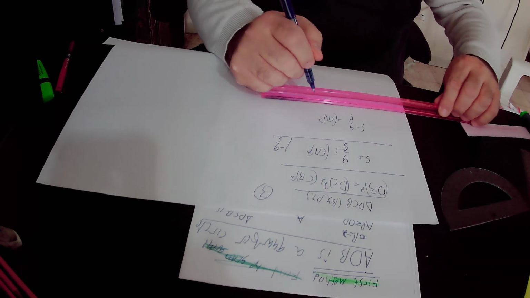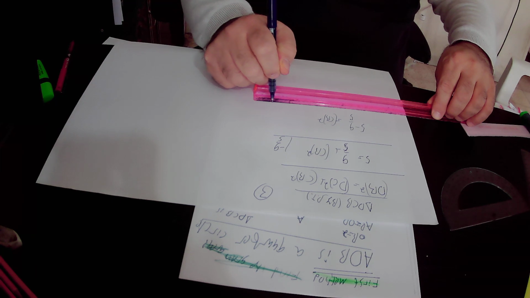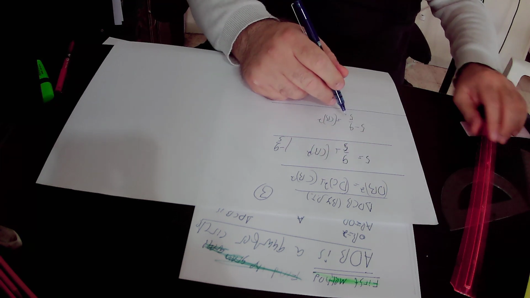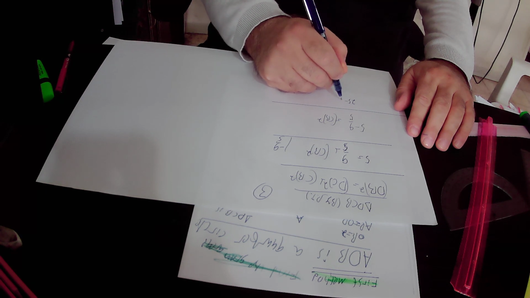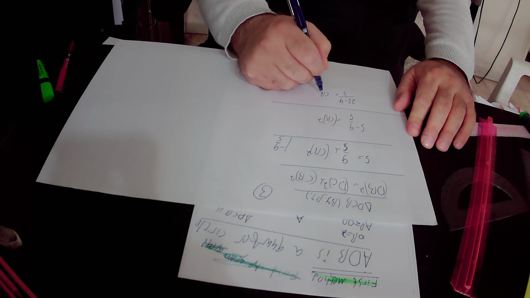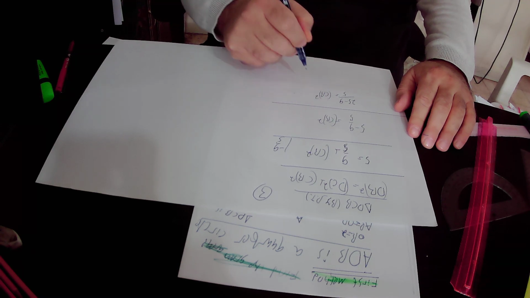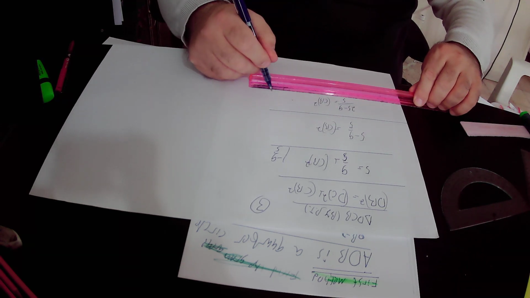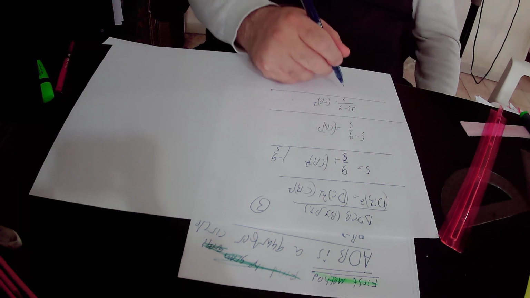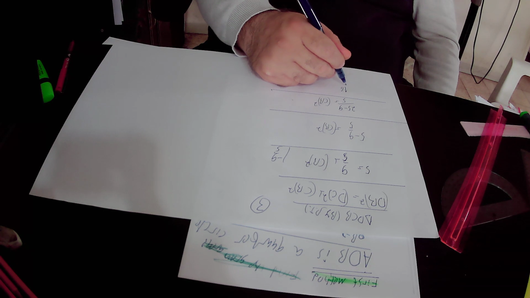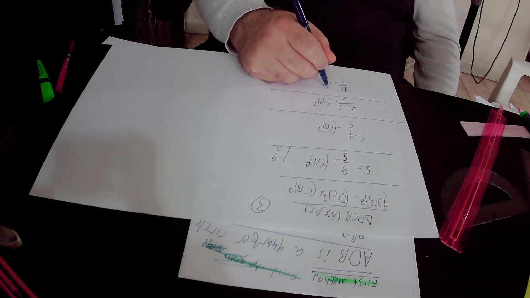Here we multiply 5 by 5, and then divide by 5 in order to have a common denominator. So 5 times 5 is 25, 25 minus 9 over 5 equals CB square. 25 minus 9 is 16, and 16 over 5 equals CB square.